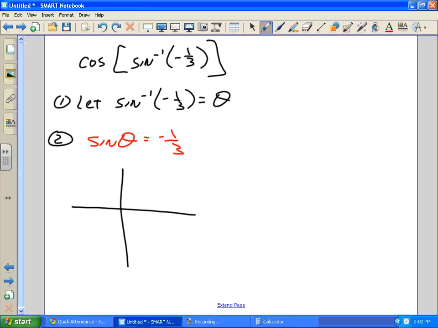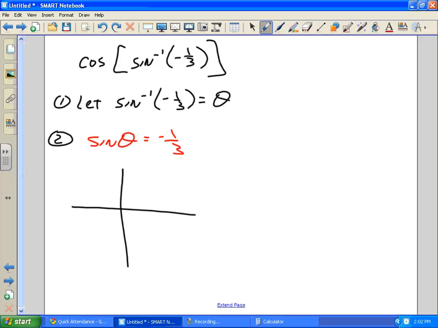Is the triangle in the same place as it was for the last one? Why not? It's not the same. The sine is now negative. What two quadrants have negative sine values? 3 and 4, but the inverse sine is only defined in 1 and 4, so this is a quadrant 4 angle.